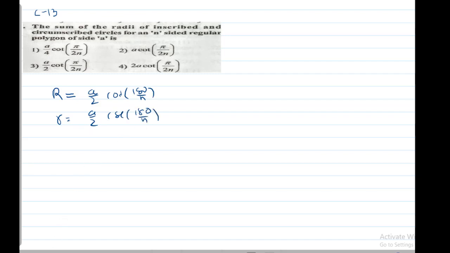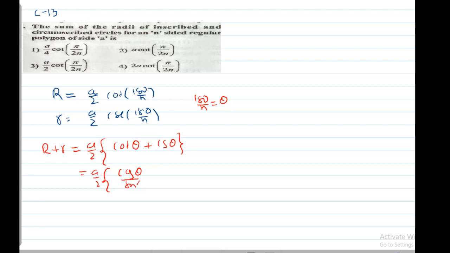Okay, Nana, to simplify this, to find R plus r, I just want to take 180 by n as theta. A by 2 can be taken common. What happened? Cot theta plus cosec theta. This is equal to A by 2 into cos theta by sin theta plus 1 by sin theta, which is the same as A by 2 into 1 plus cos theta, meaning 2 cos square theta by 2, by sin theta, meaning 2 sin theta by 2 into cos theta by 2.